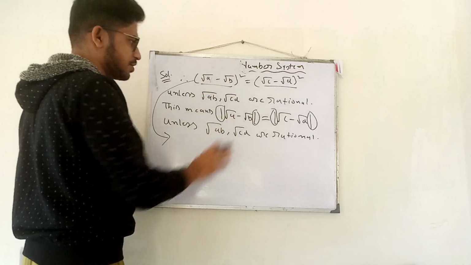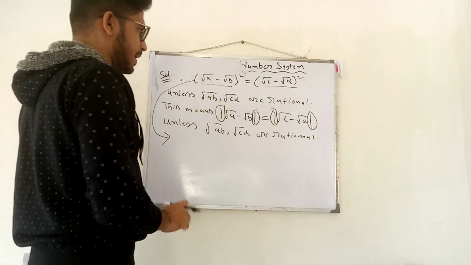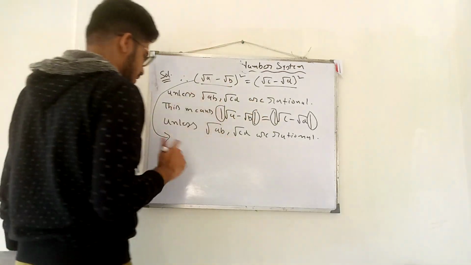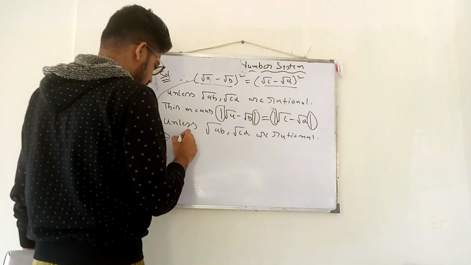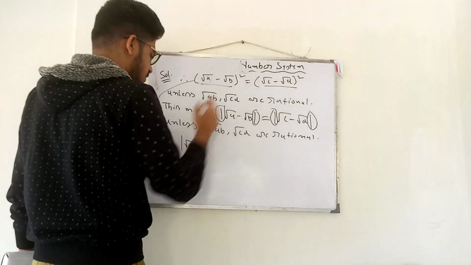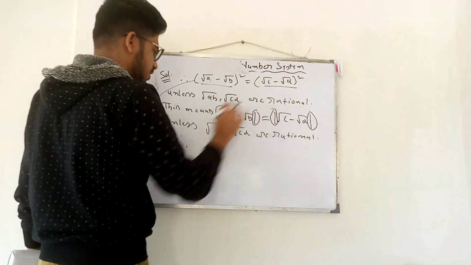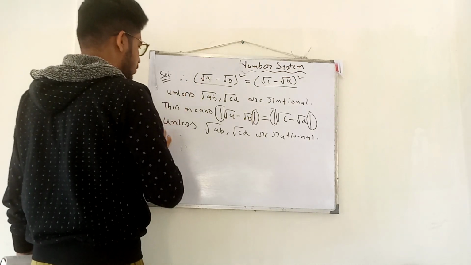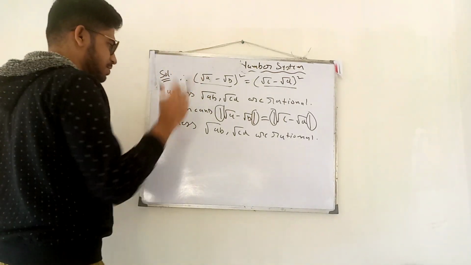This modulus is absorbing the square, and it becomes simply root A minus root B. So this is a function of modulus: they absorb squares and also sometimes signs.